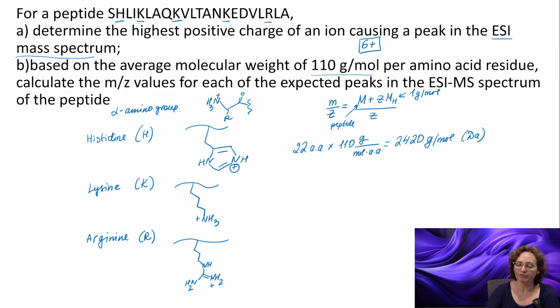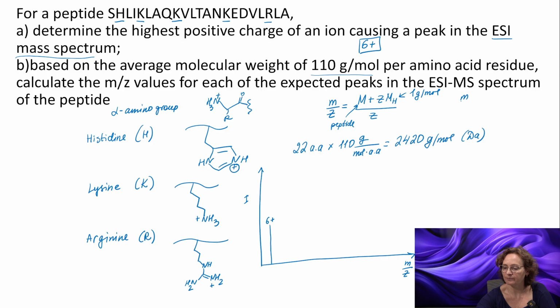And so we will have 6 peaks. This is my M to Z. The lowest, and that's just intensity, right? The lowest peak will be the most protonated peak. So I have here 6 plus, and its M to Z value will be calculated as, so we also refer to that peak, actually, let me use a different color, and I am going to just put it right here.